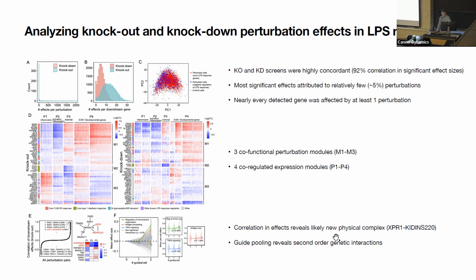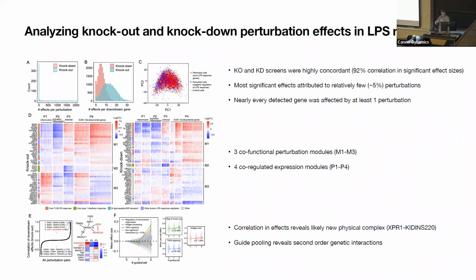So anyway, we were not directly powered to learn individual pairwise effects. Instead, we tried to look for genetic interactions within modules, within GO categories or modules as they were described in our data. We found some intra-module interactions.